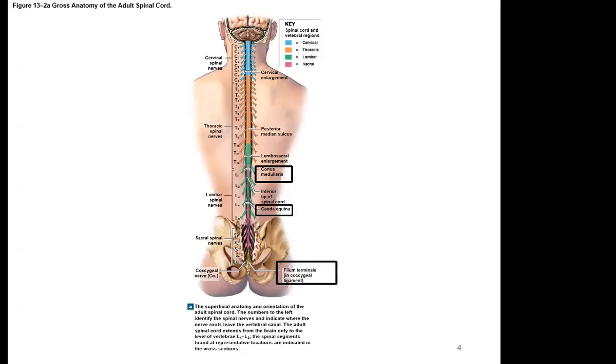Since thoracic starts with a T, she wanted that to represent tea, like TEA. And since lumbar starts with an L, she wanted it to represent liquor. So she said you have coffee at 7, tea at 12, and liquor at 5. And I just thought that was the cutest and best thing ever to remember how to count the cervical, the thoracic, and the lumbar bones correctly.